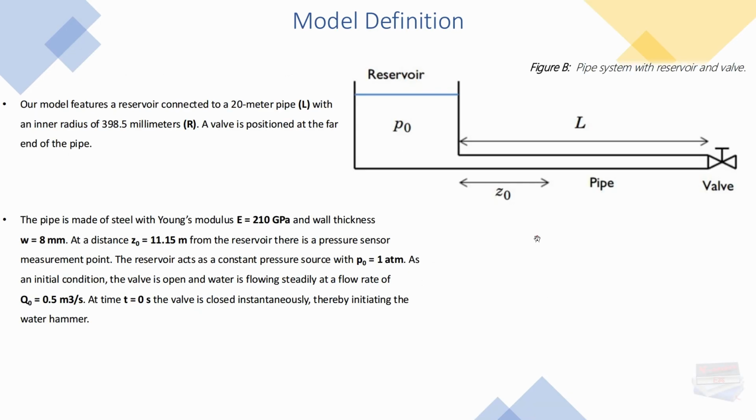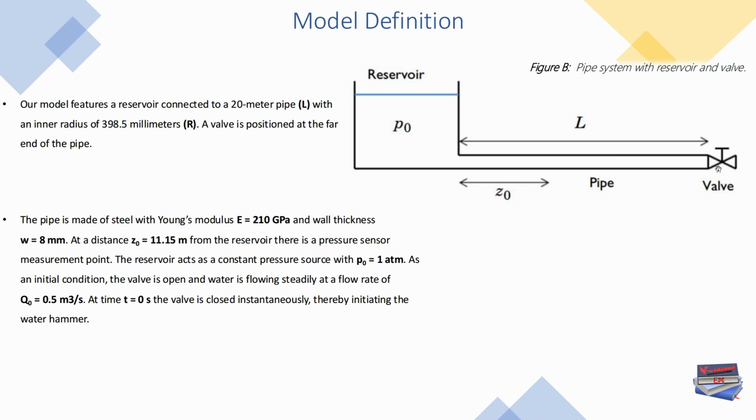In regards to our model definition, we have a reservoir represented by P0, and that's 1 atmosphere. We also have a length of pipe of 20 meters, and the radius of that pipe is 398.5 millimeters.